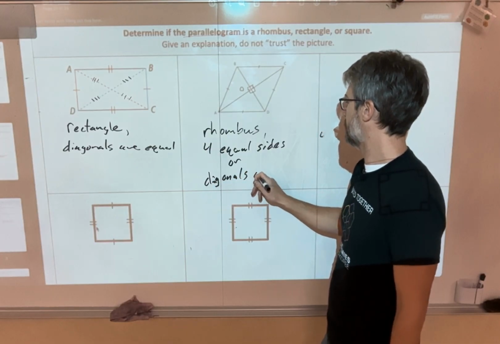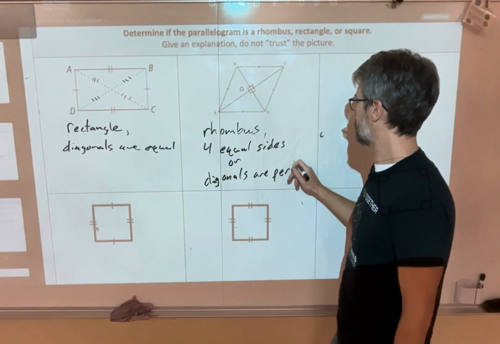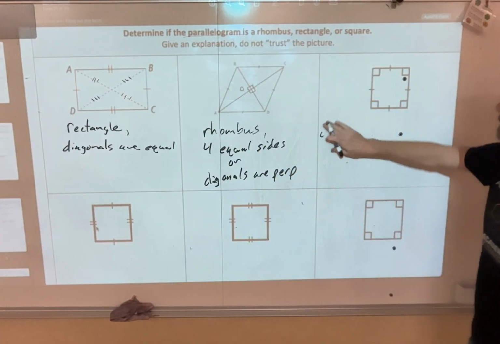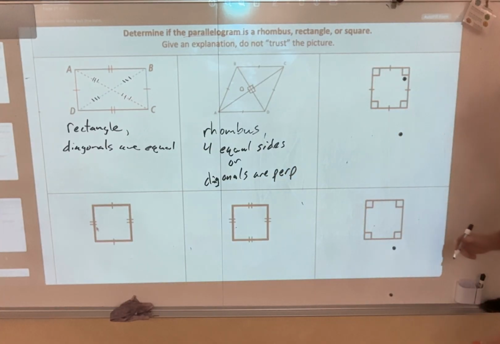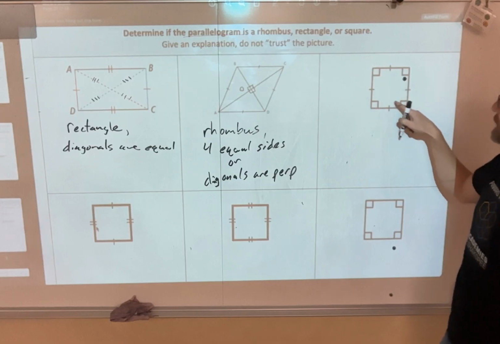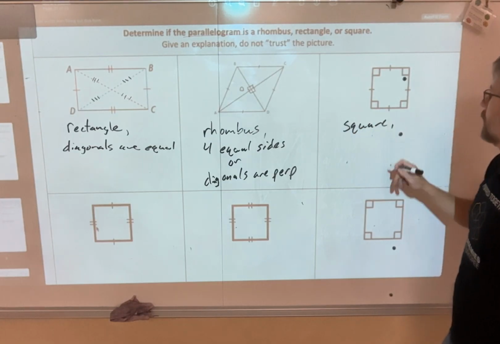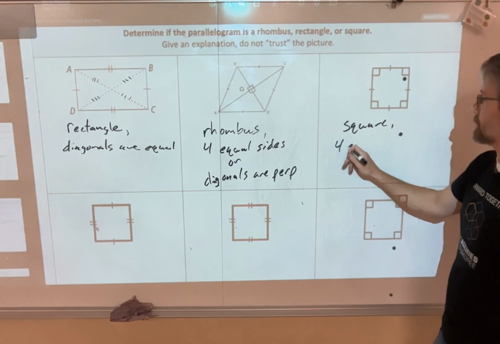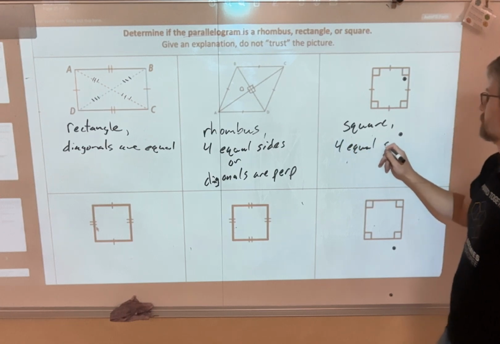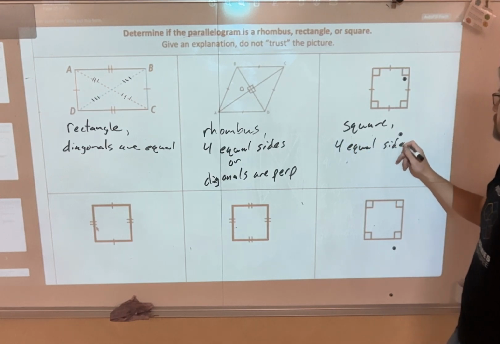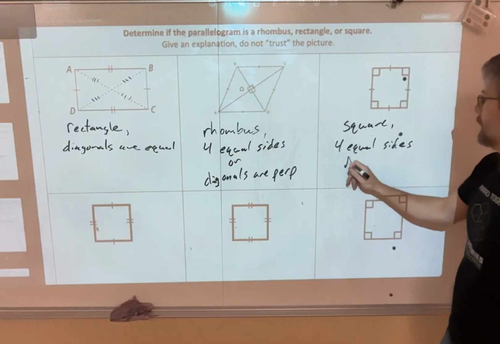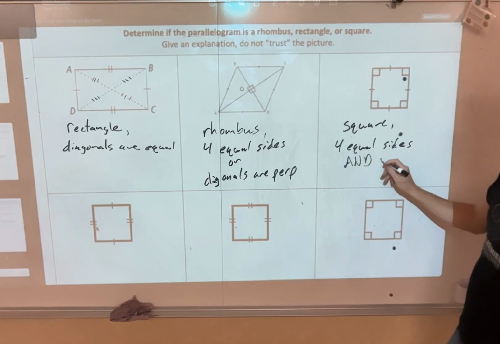All right, and then our last one, well, this is a square. And I know that because it's 4 equal sides and 90-degree angles.